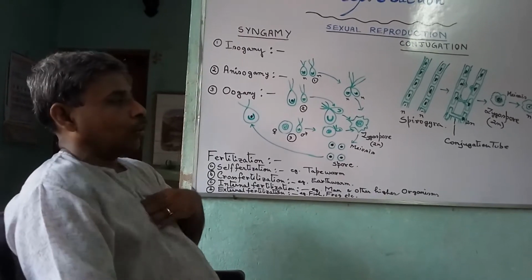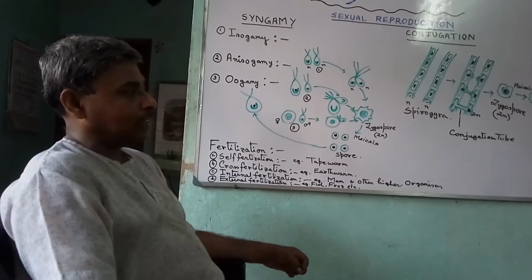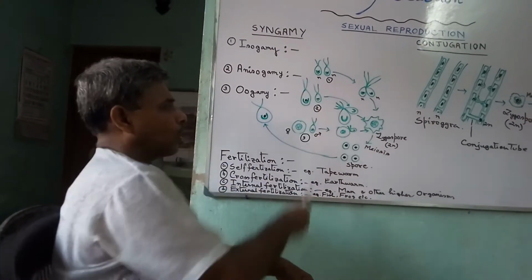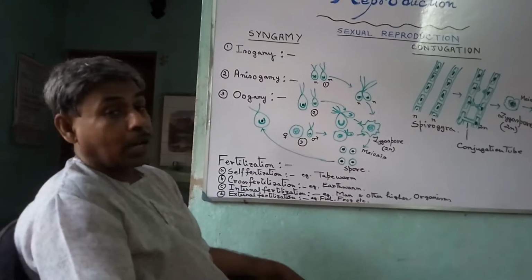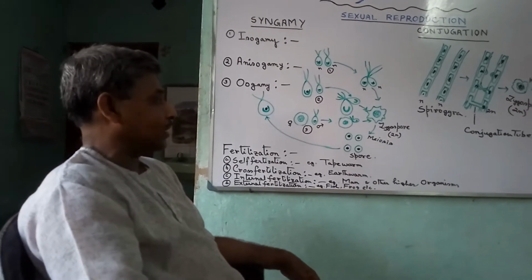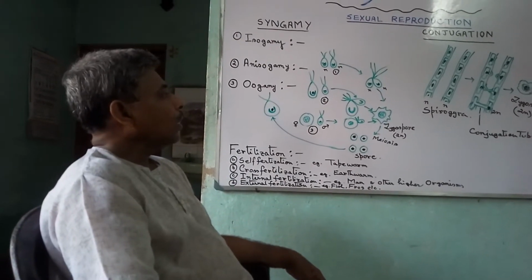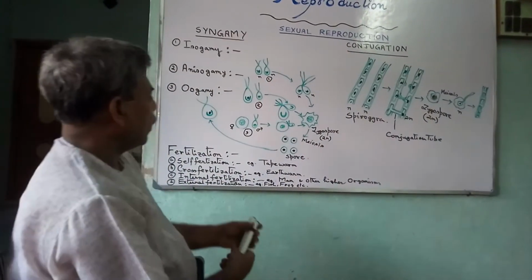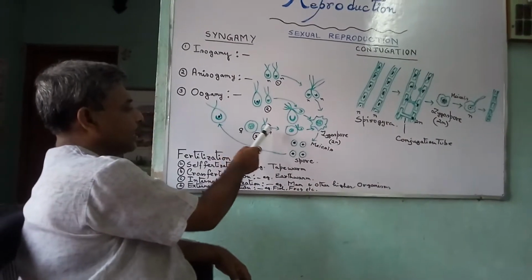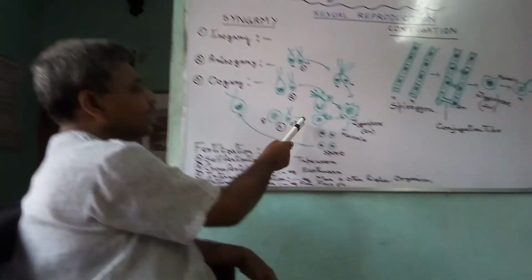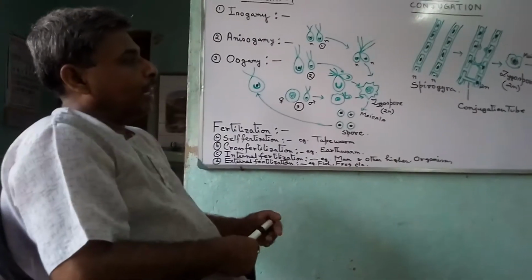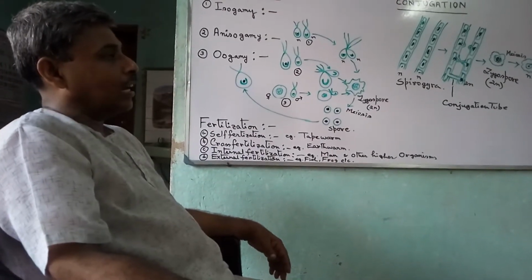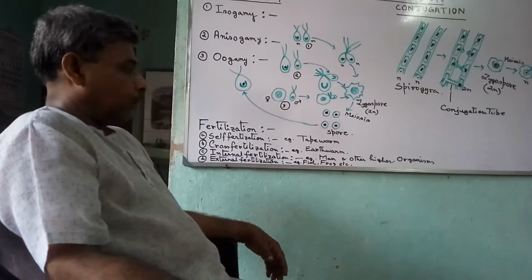So fusion of the two gametes is occurring, that's why it depends on the probability or chance. And number two, requirement of the two contrasting sexes, that is the male and female sexes are required. Any single individual cannot produce the offspring, that is the most prominent disadvantage of this process.